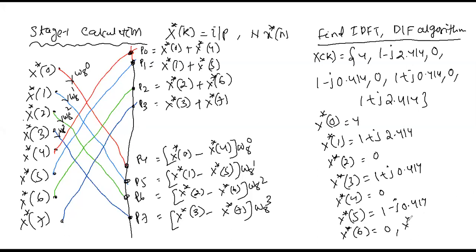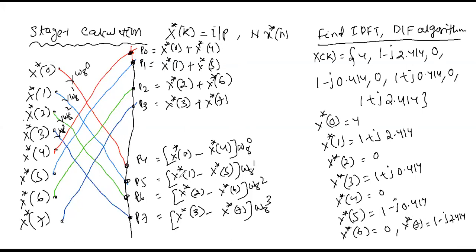Finally x conjugate 7, 1 plus j, you just do 1 minus j 2.414. Okay, now see these are the inputs, x conjugate 0 to x conjugate 7. Just write all these values here, then you have a set of equations. By using these equations you can find the p0 to p7 values.